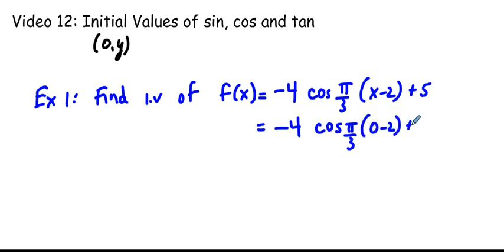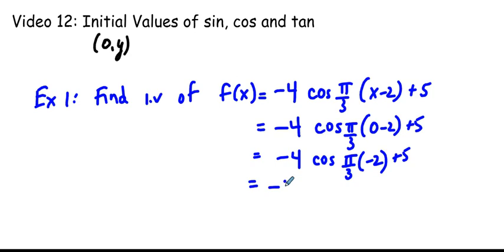Okay, so I'll do it step by step. We have to figure out what the angle is here, right? So this is cosine. Whatever is in this bracket becomes an angle.